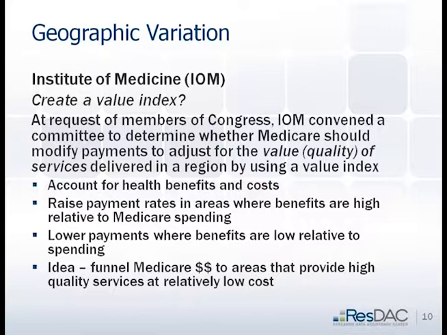They want to raise the payment rates in areas where benefits are high relative to Medicare spending and lower the payments where benefits are low relative to spending. And the idea is that we want to channel Medicare dollars to areas that are high quality services at relatively low cost. So in other words, the really cost efficient providers ought to be paid more than the inefficient providers, but this is really controversial.